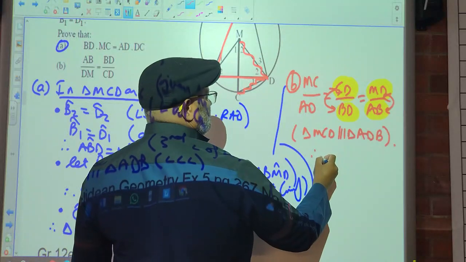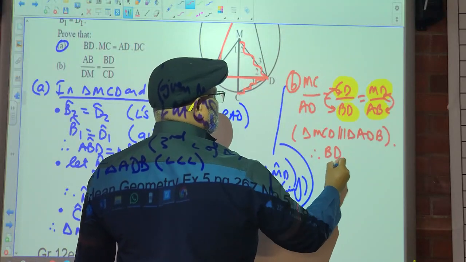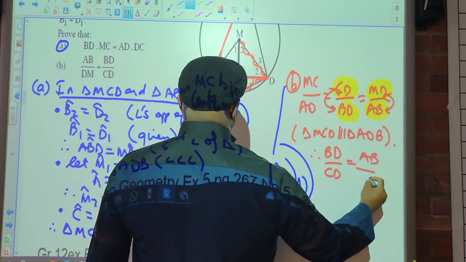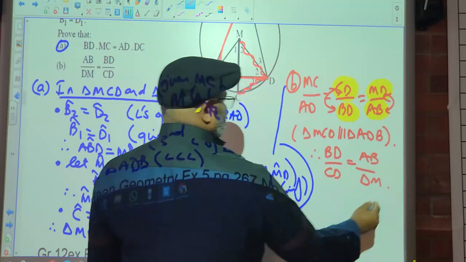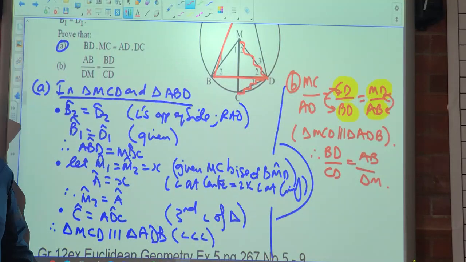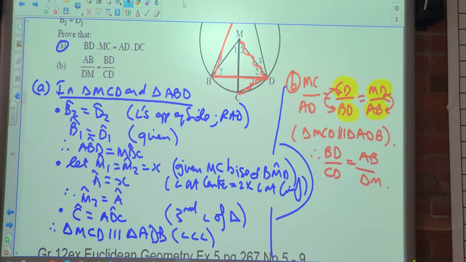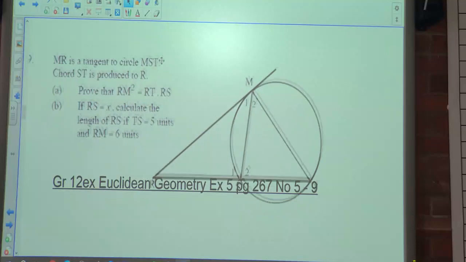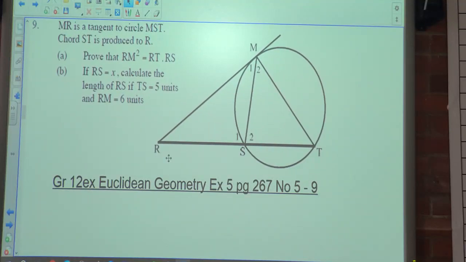So therefore, BD over CD is equal to AB over MD. Simple, no? Last one. Yeah, I thought you would never reach here.